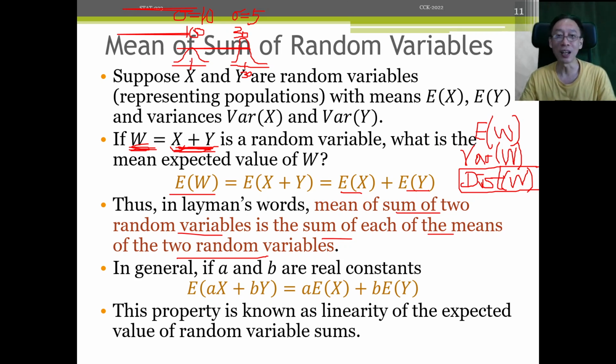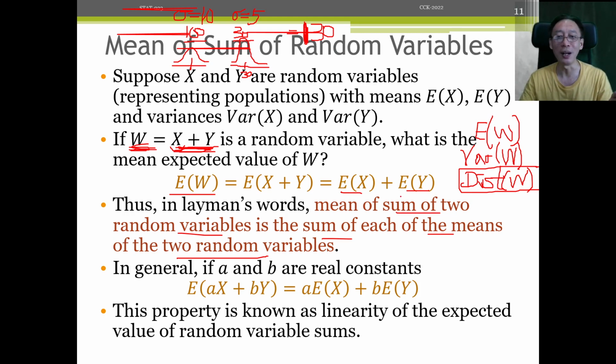So if I take an average of 100 minutes to travel from home via MRT to the interchange and 30 minutes from the interchange to my office, then on average, not minimum, not maximum, I would take 130 minutes to go from my home to my office. That's quite a common sense thing, but you have to prove it when you have distributions. So it has been shown that the intuition is true.